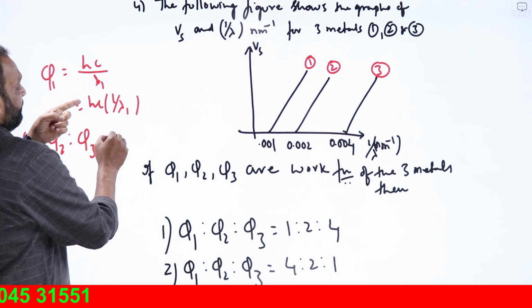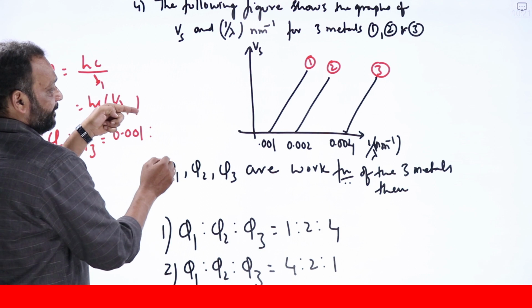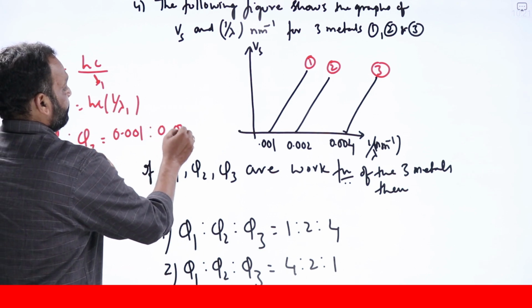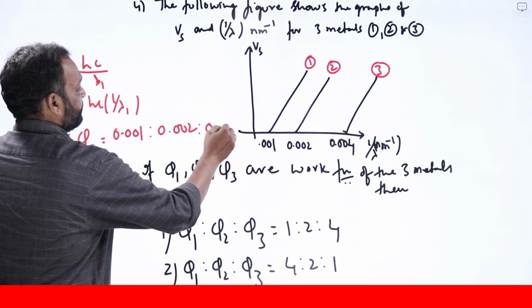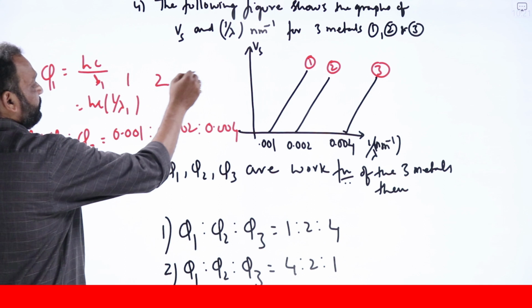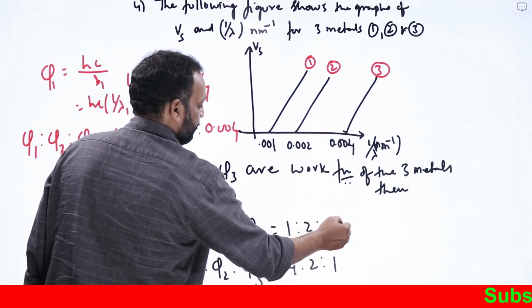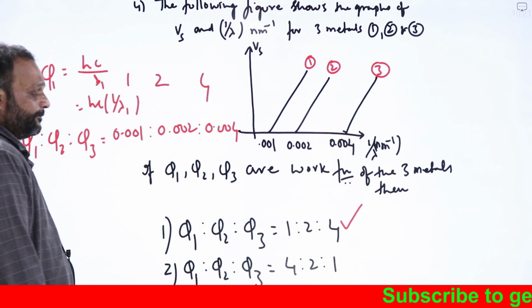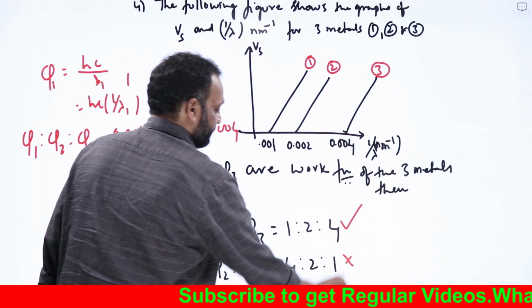So they are in the ratio 1:2:4. So phi1 : phi2 : phi3 are in the ratio 1:2:4. This first option is correct, so the second option obviously will not be correct, and we can remove it.